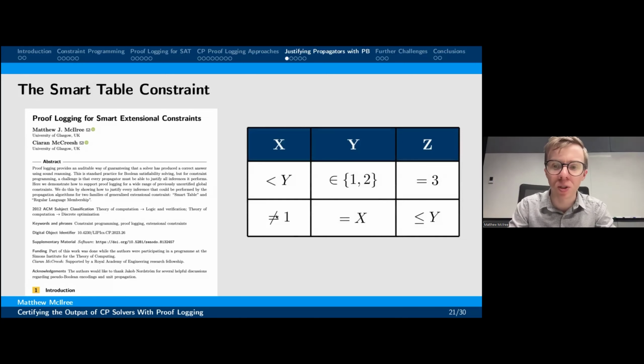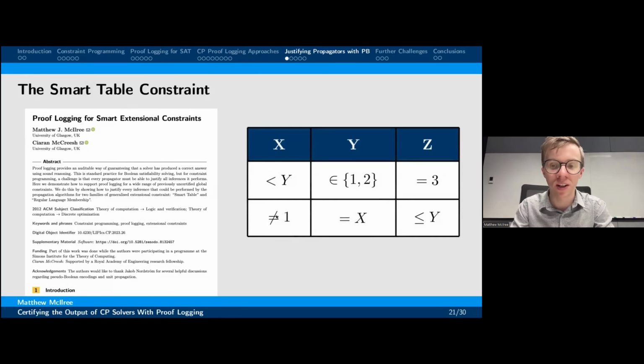From a proof logging perspective, there's one theoretical guarantee, which I won't go into right now, but providing that theoretical property is satisfied, basically any conjunction of disjunctions can be proof logged in the way that we describe in this paper. This is quite powerful because it is effectively us saying, if you know how to proof log these simple constraints, then you can also proof log any constraint that uses those constraints in a decomposition.